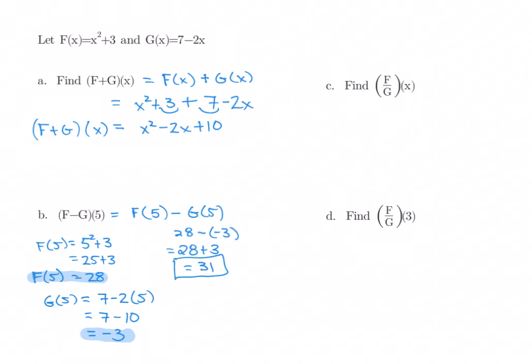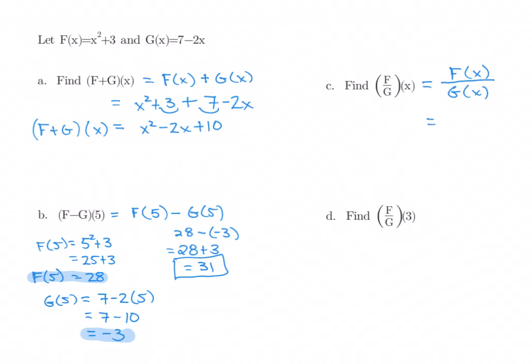Okay, division. Division is actually one of the easiest ones to work with because we're not going to have to worry about combining like terms or multiplying or anything like that. Quite often it's just put one function over the other. And so if we go ahead and find the function, remember that division is just going to be f of x divided by g of x.